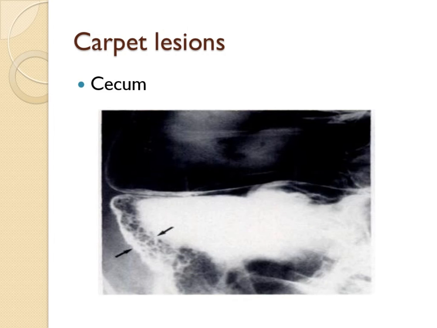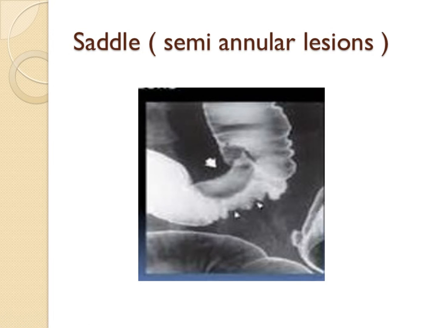In the later stage. And the carpet lesions, those lesions in the lateral part of the cecum, look like carpeting or net-like projections, elevations of the mucosal pattern. And the saddle lesions, where a lesion is making pressure on one side of the colon, looking like a saddle, as in cases of inflammation, I think also.